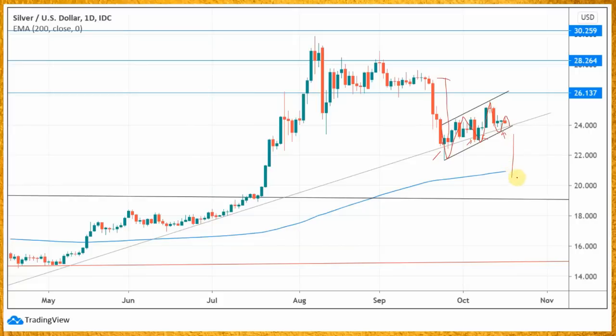And so we're looking around this area over here. And surprise, surprise, that fits in with this moving average here. So here it's looking to be about the $21 range. It could go a little bit lower than that, it's hard to know, but that's the kind of target that I'd be working on for silver.